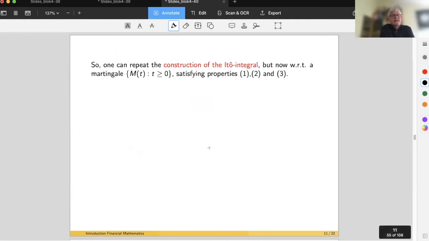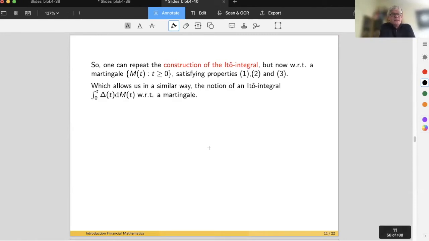So it makes sense that we repeat the construction of the Ito integral, but now with respect to the martingale M_t, t greater or equal to 0, satisfying the properties 1, 2, and 3 that are in fact the assumptions in our theorem. So we do that in a similar way. We will derive in a similar way the notion of an Ito integral, and we will show that the integral from 0 to t of delta_u dM_u with respect to a martingale is a martingale.